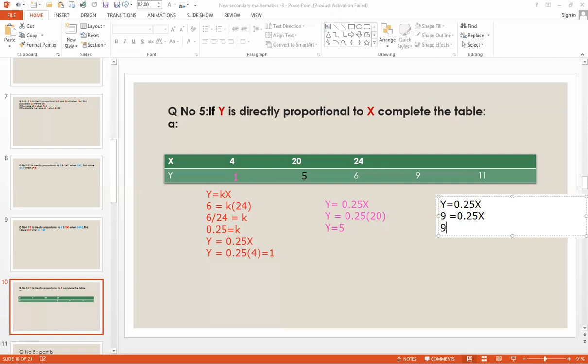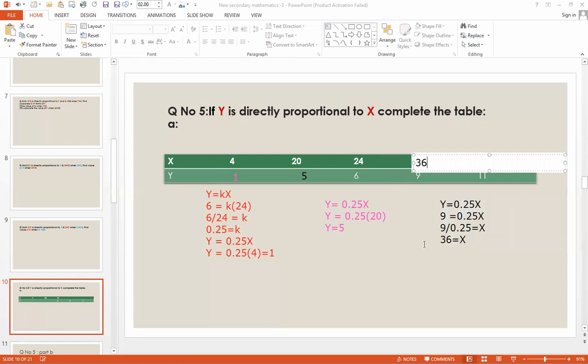Now I will get 9 divided by 0.25 is equal to x. Now please help me divide 9 by 0.25. So I will get my answer. 9 divided by 0.25, I will get 36. 36 is equal to x. So I have to put this 36 here.